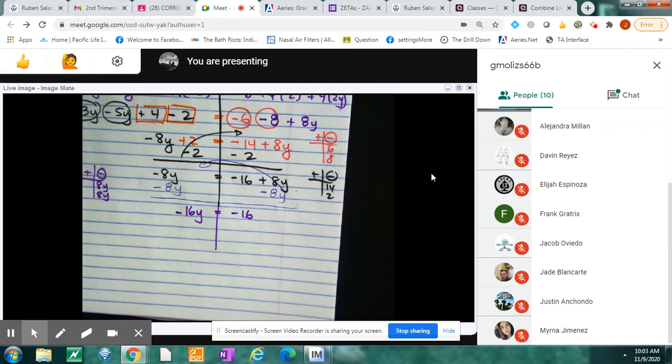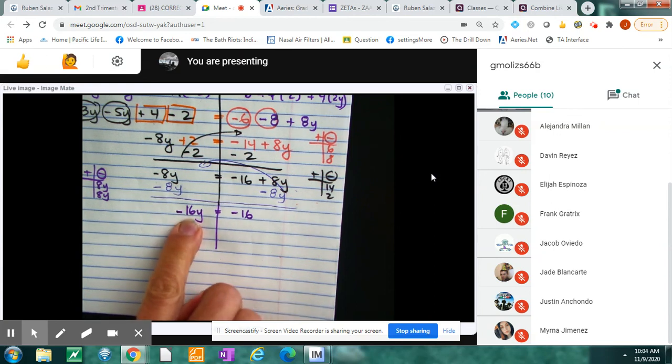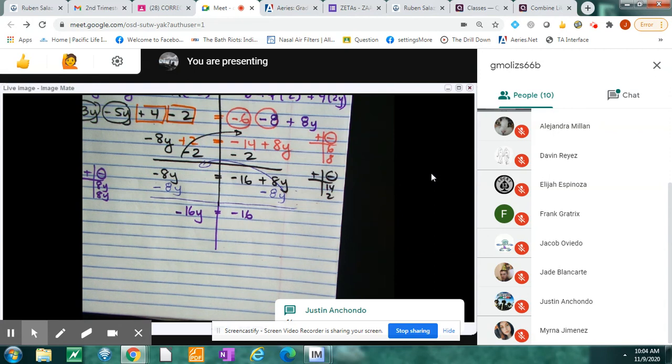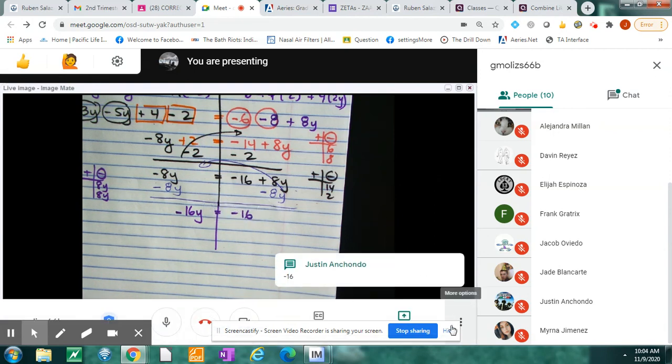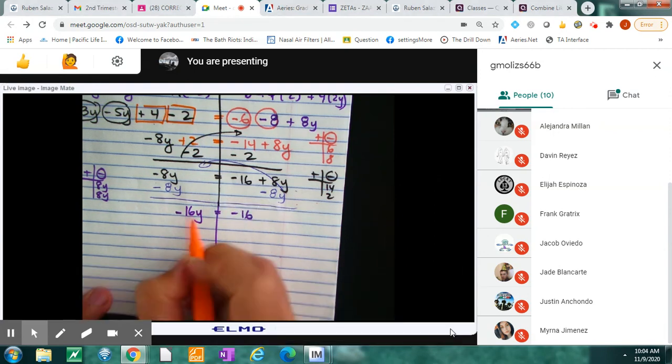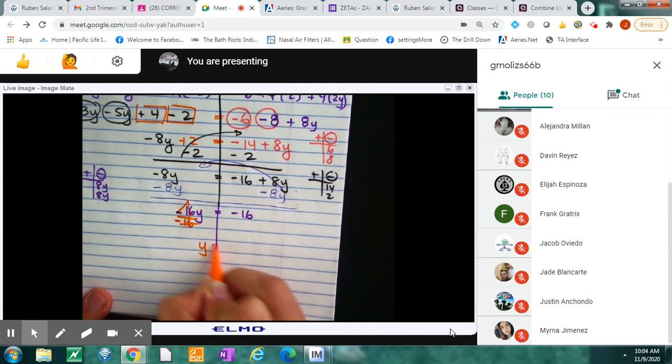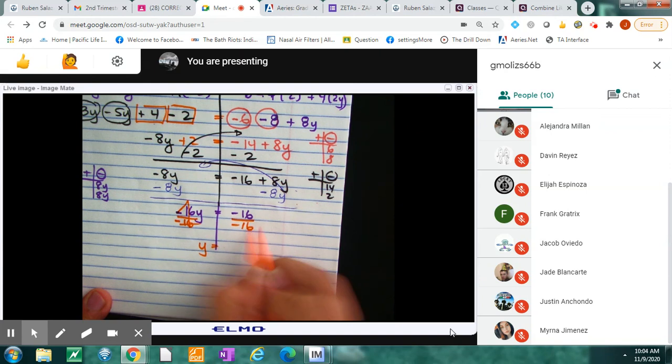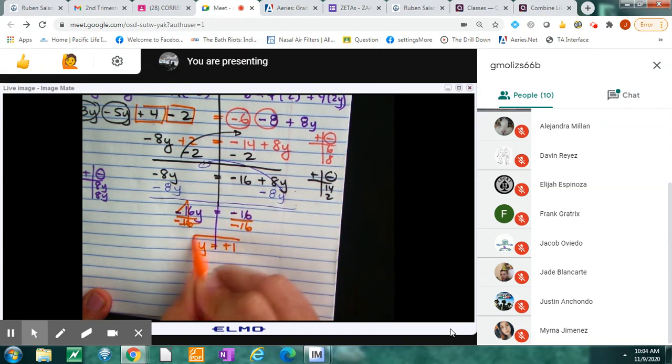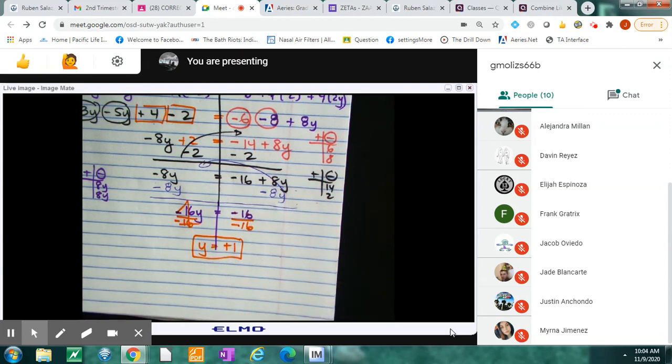So let's see, Justin, what do we divide by? Well, there's the number, right? So I'm going to divide by negative 16. Very good. Negative 16, because that's your 1y, and then negative 16. So negative divided by negative is positive. 16 divided by 16 is 1. So there's your answer, positive 1.